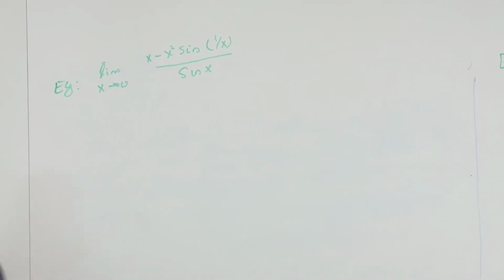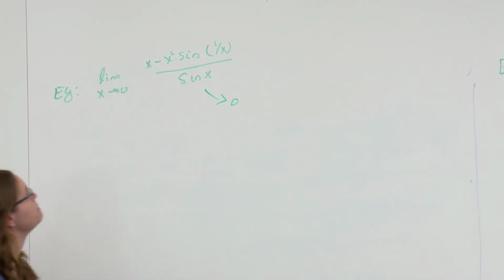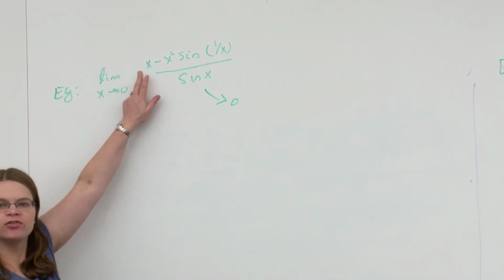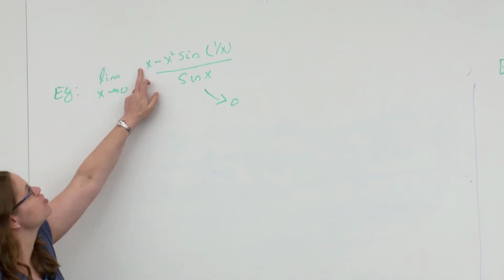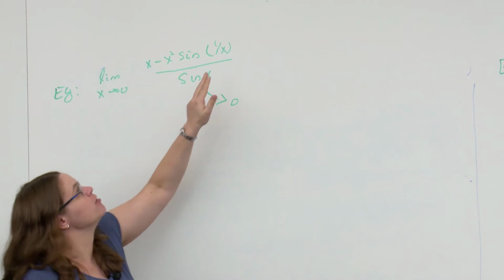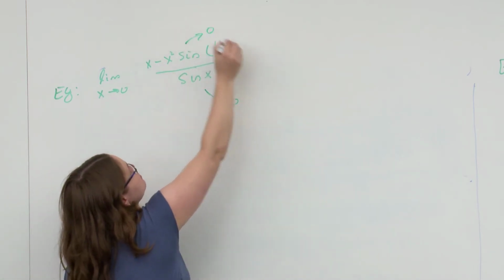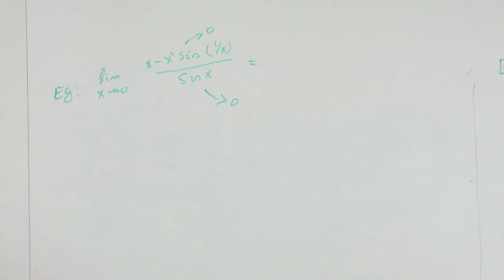Okay, so we look at this, and again, clearly the denominator is going to 0. The numerator is also going to 0, right? Because, okay, this term goes to 0. This term is bounded by 1, and it's multiplied by something going to 0. So this term goes to 0. So again, this looks like the kind of form where we'd like to use L'Hopital's rule.